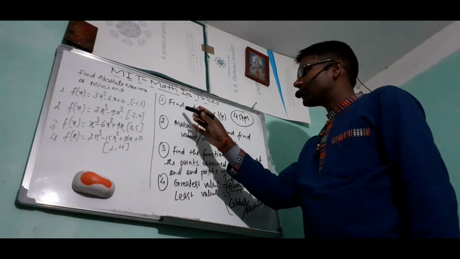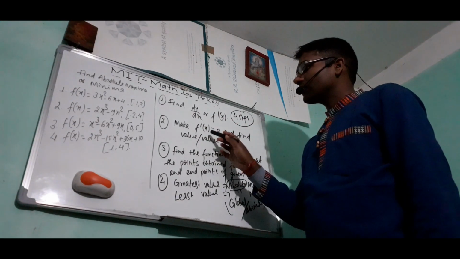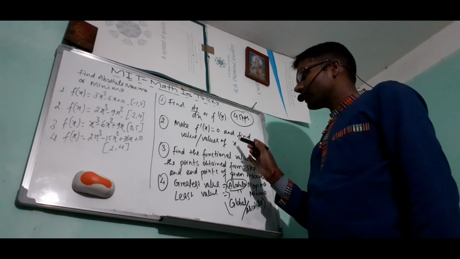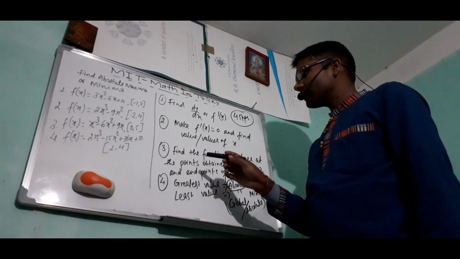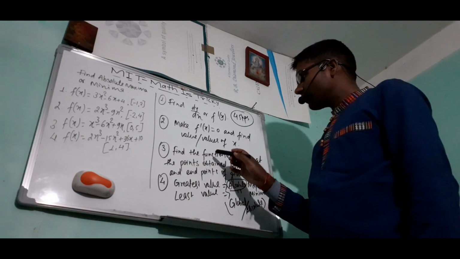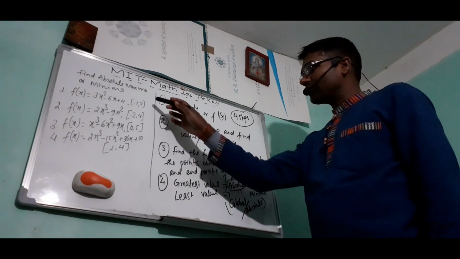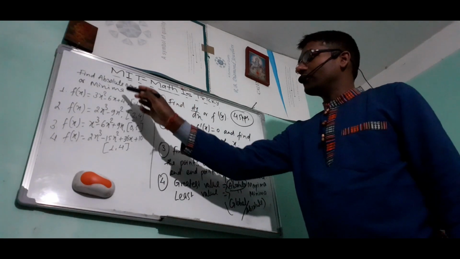Okay, first step is find dy by dx. Second step, make it 0 and find the value of x, maybe 1 or 2 values. Third step is, after finding the value of x, at that point and at the ends of the given interval, we have to find the functional value from the given function.